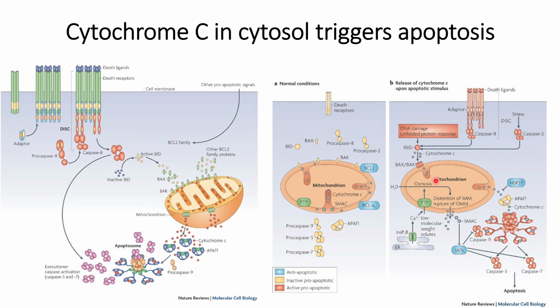The other way by which cytochrome C can leak into the cytosol is through this PTP pathway, where because of the difference in the amount of Ca2+ in the cytosol and also in the mitochondria, pore formation can occur that will lead to the release of cytochrome C into the cytosol.